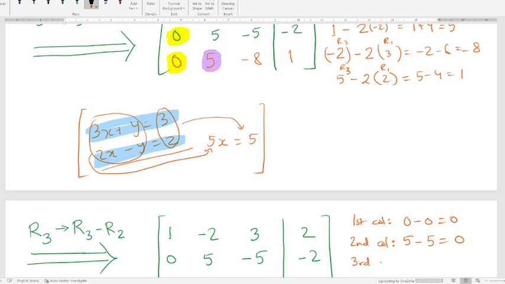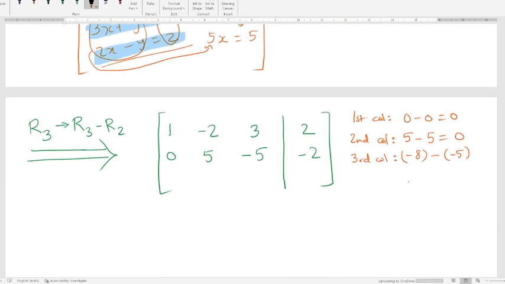For the third column, what we're doing is negative 8, which is R3, minus negative 5, which is R2, right? And that will give us negative 8 plus 5, minus 3, negative 3. And for the fourth column, let's scroll up a little bit. Let's see.